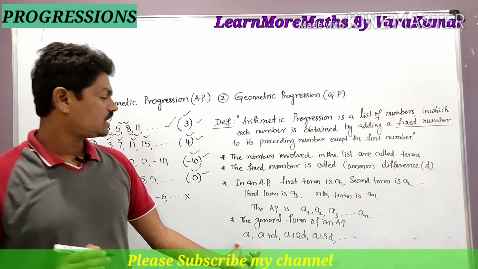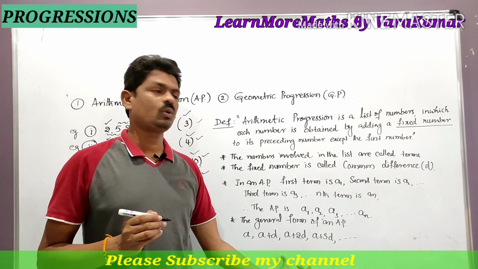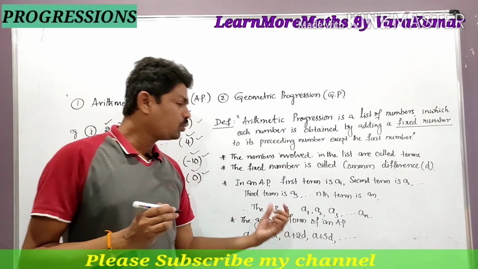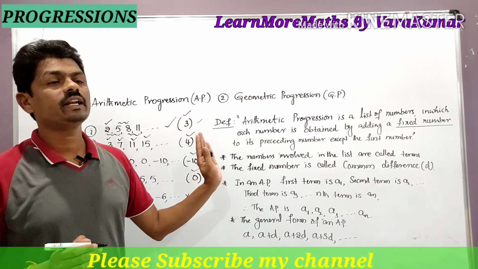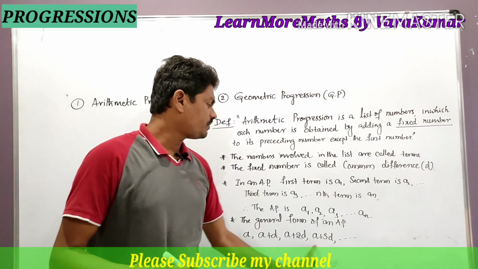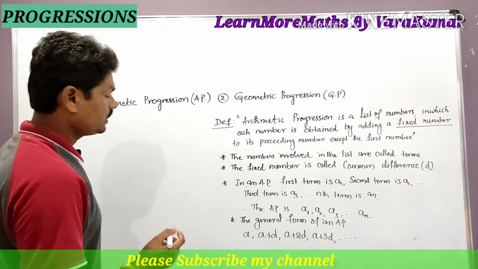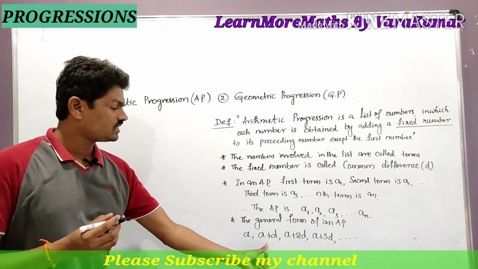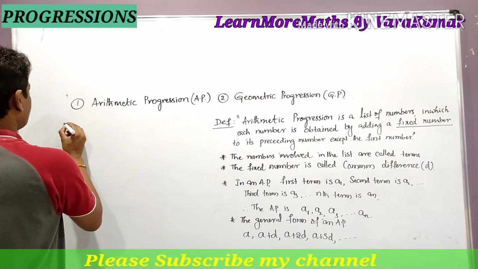So this is the general form of an arithmetic progression, student. Now we have to learn how to write the terms in the arithmetic progression. Now here a is the first term and d is the common difference.